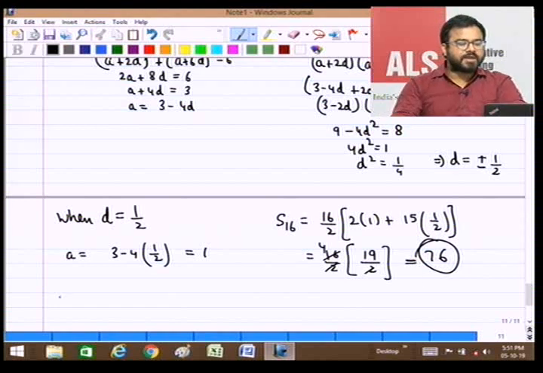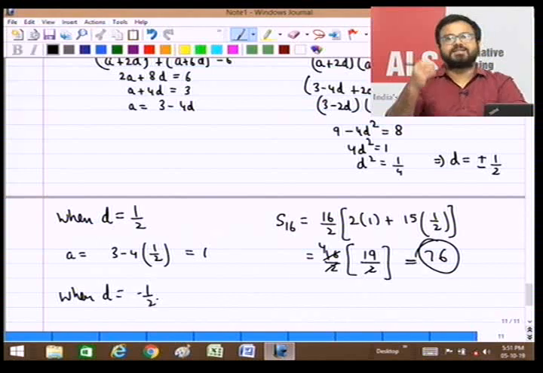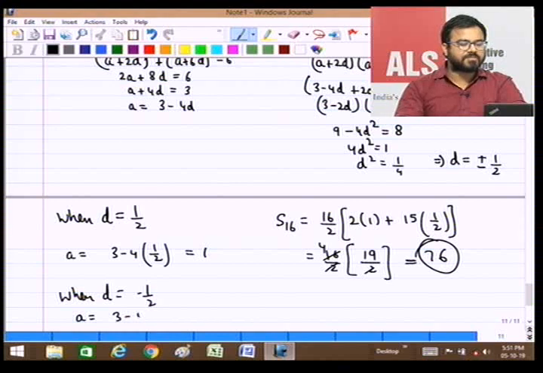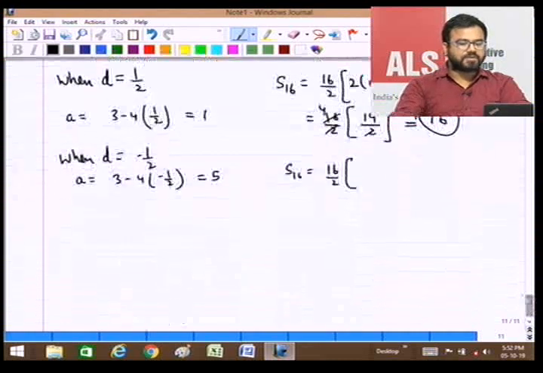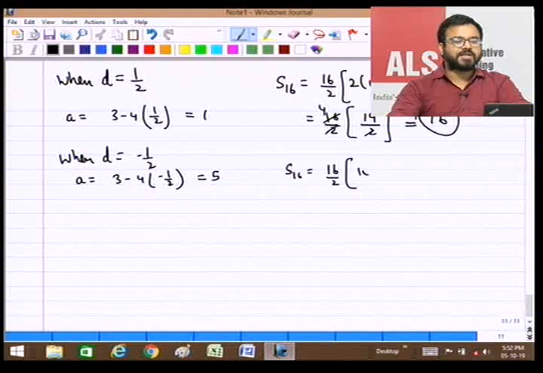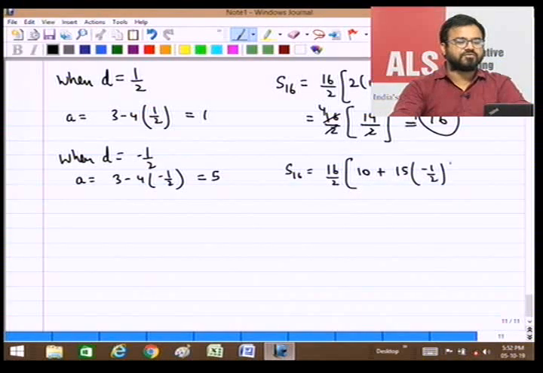Similarly, when D is minus 1 by 2, in this case the first term would change. So A would be equal to 3 minus 4 times minus 1 by 2, so that would become 5. Now the sum of 16 terms will be n by 2 into 2A, which means 10, plus 15 times D, which is minus 1 by 2.